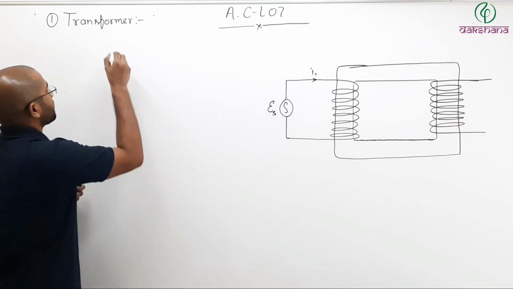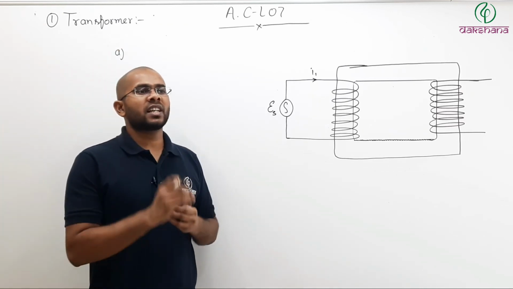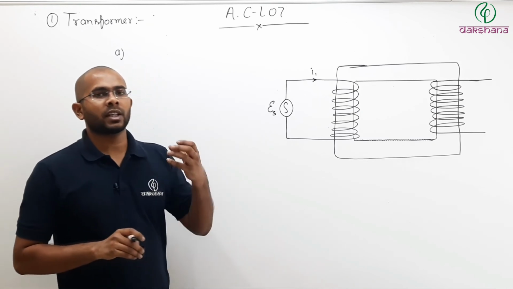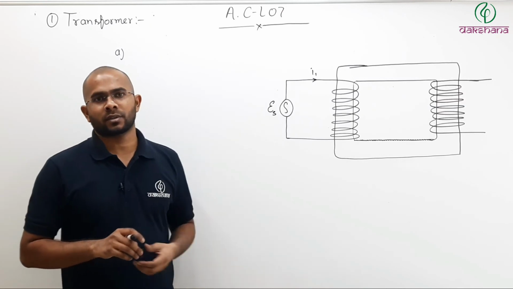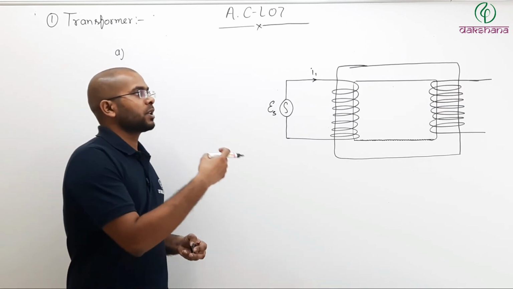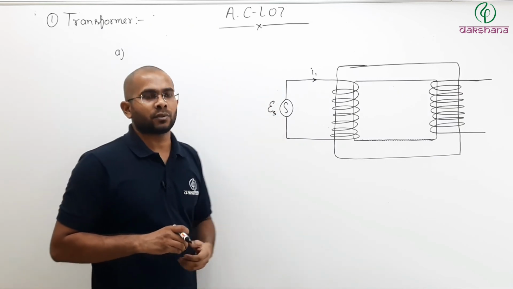The number one purpose of a transformer is to increase the voltage. Meaning, for example, you have an AC source and there is some voltage of the AC source. A transformer can be used to increase the voltage of the source.